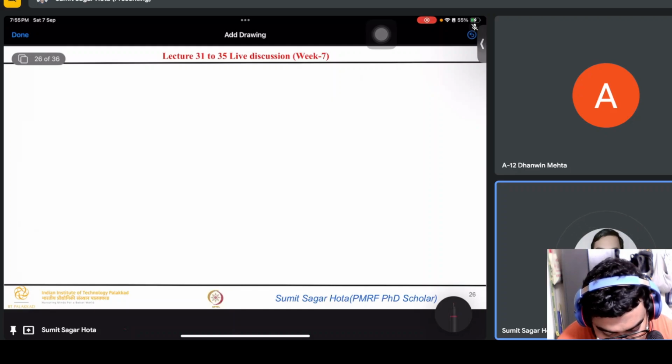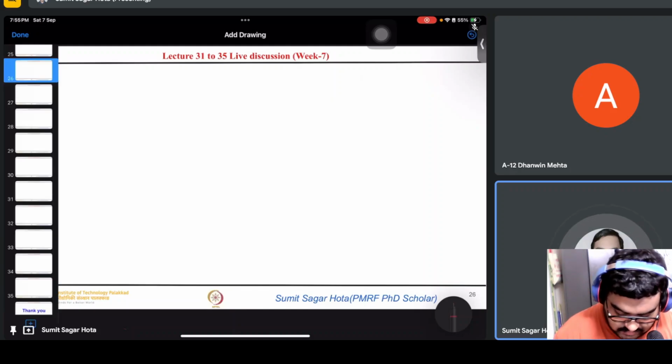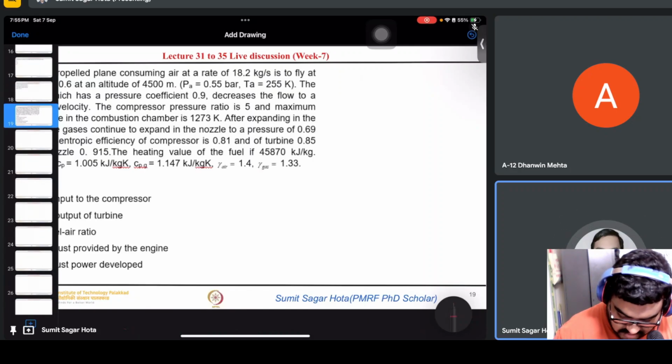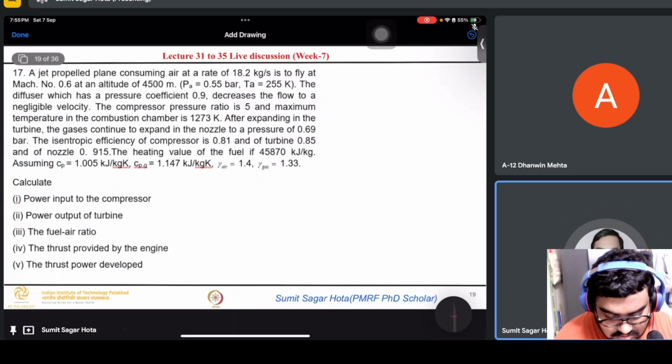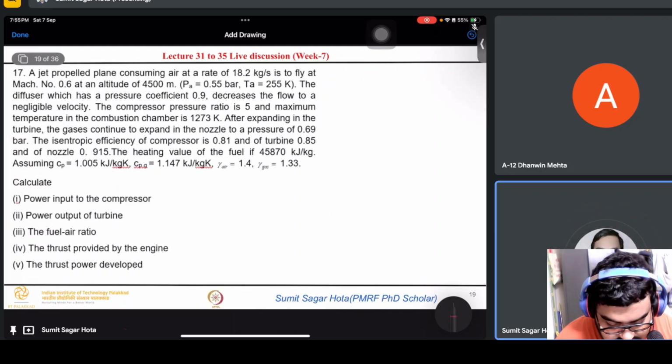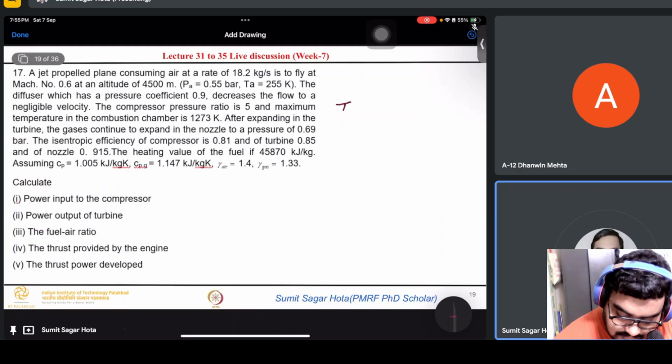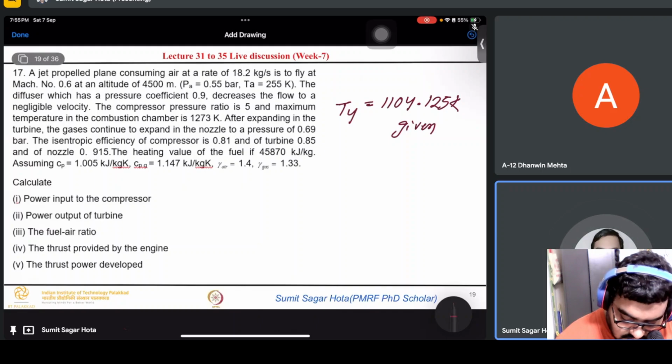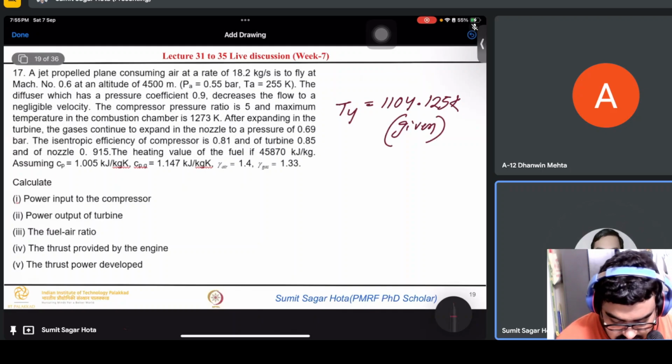Okay, so in the question one more thing should be given, which is your T4, which is your turbine exit temperature. Okay, so this T4 value will be 1104.125 Kelvin. This should be given, otherwise you cannot solve this question.